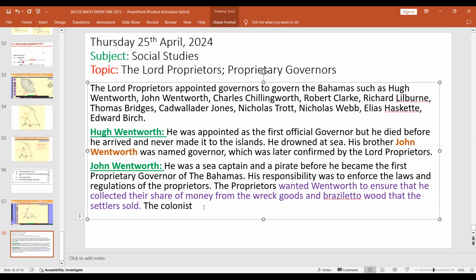So the colonists, they rebelled, right? So the colonists did not agree with his rules and regulations.